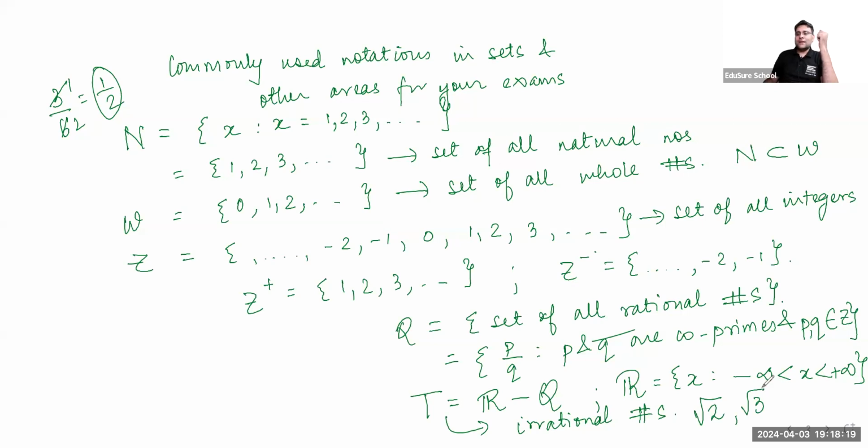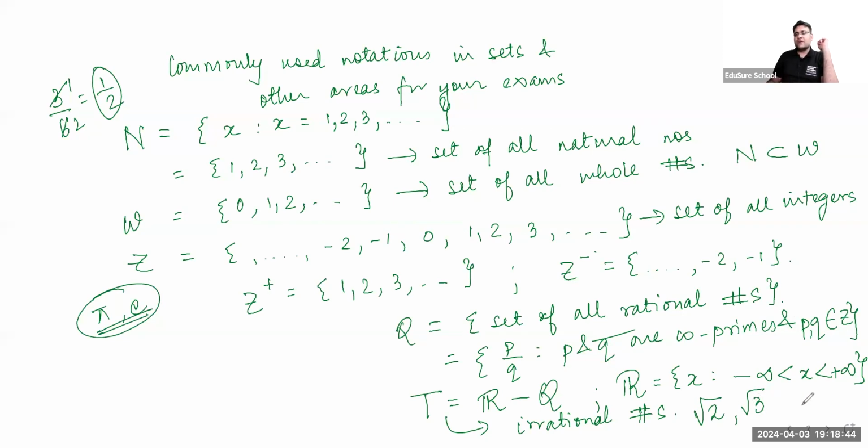Irrational numbers are numbers that have non-terminating and non-repeating decimals. For example, pi, e. These are all examples of irrational numbers.